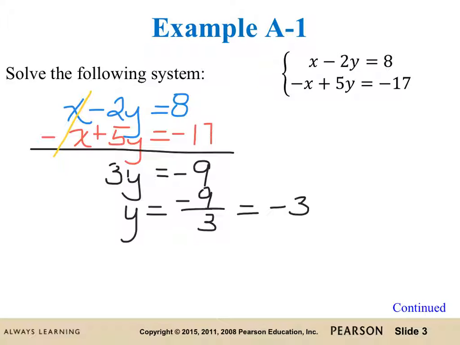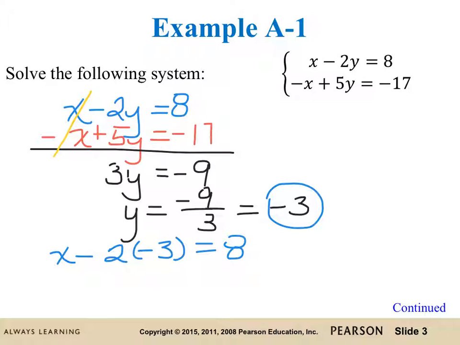And then employing a part of our substitution method, we can go back to the equation x minus 2y equals 8 and substitute in negative 3 for the y, which will then give us x.